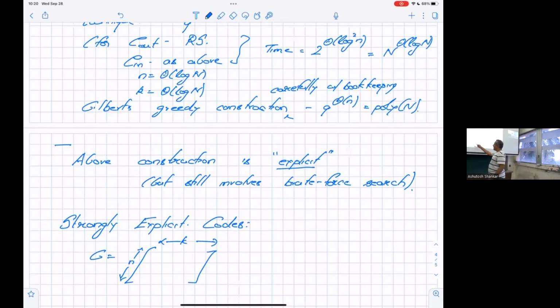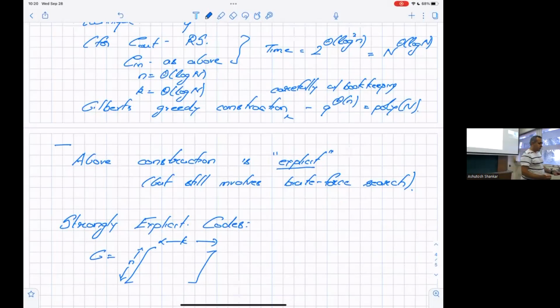I give you a particular row i and a particular column j, and I ask for the ij location of the generator matrix, in time poly in the bit representation of i and j.